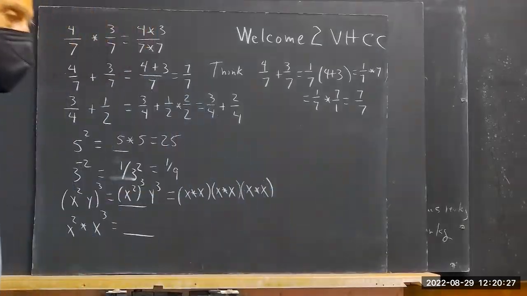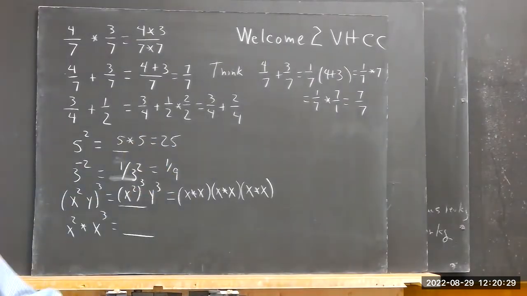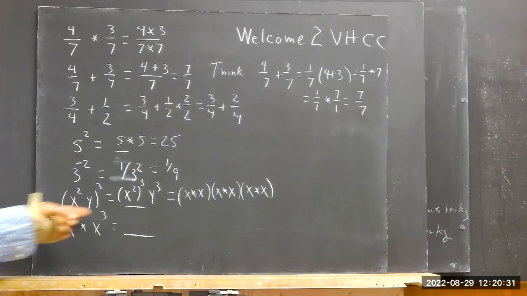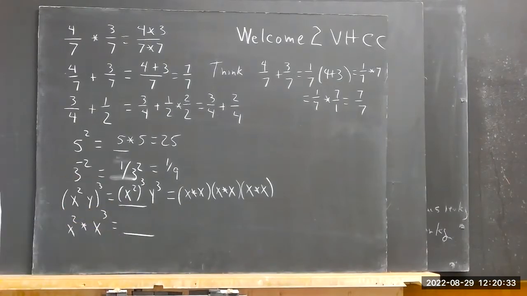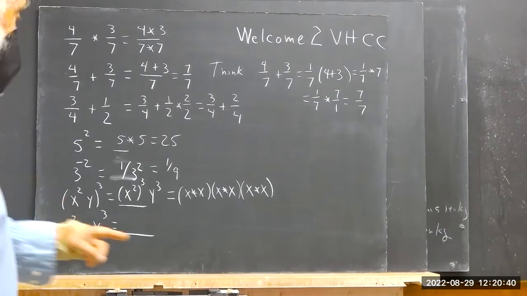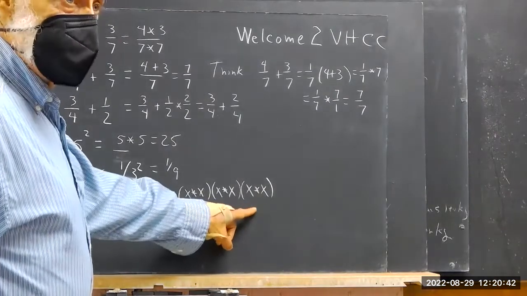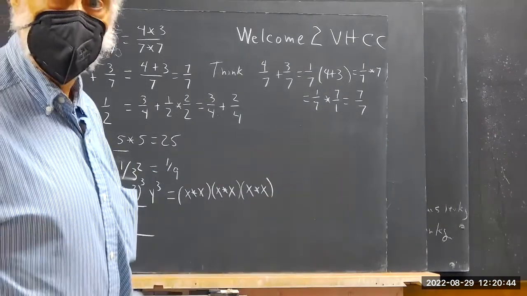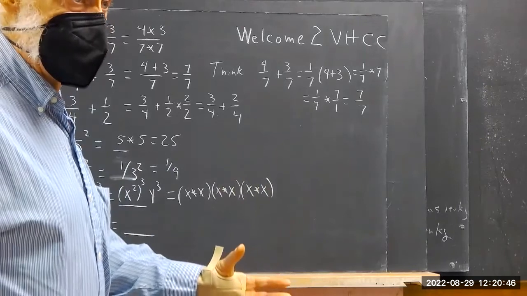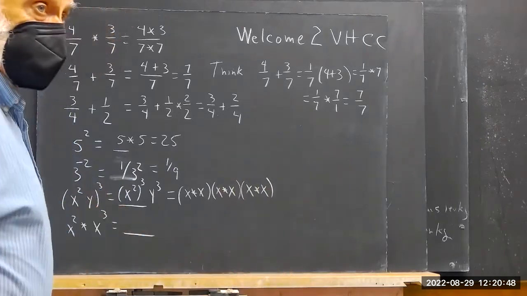You're not always going to write it out like this, but you want to understand why it is what it is. A lot of people want to say that's x to the fifth, you add the exponents. Not clear where you add exponents, where you multiply, okay? Well, here it's pretty clear, you got two x's and you got three sets of two x's, that's going to give you six of them. So you're going to multiply exponents.